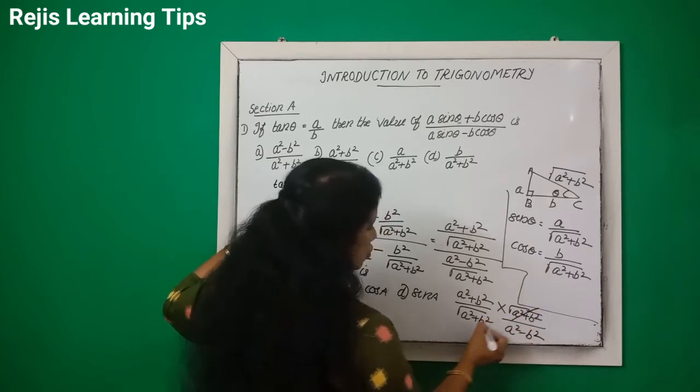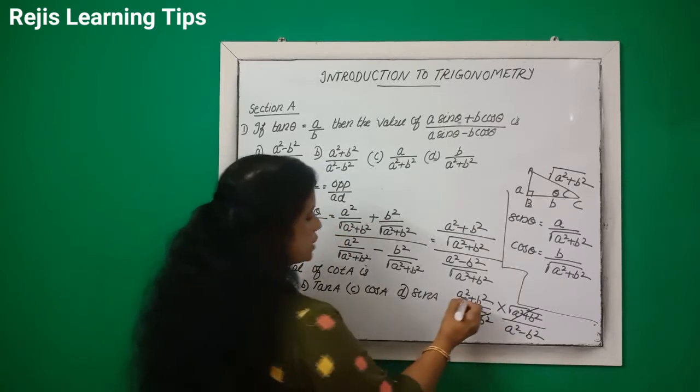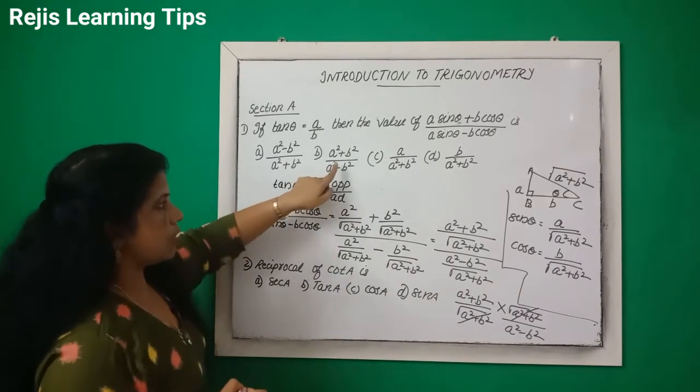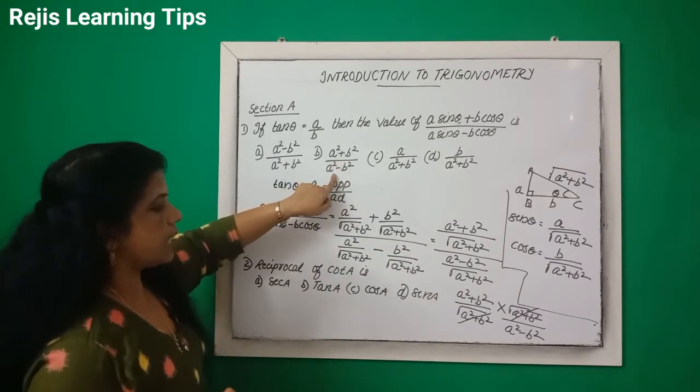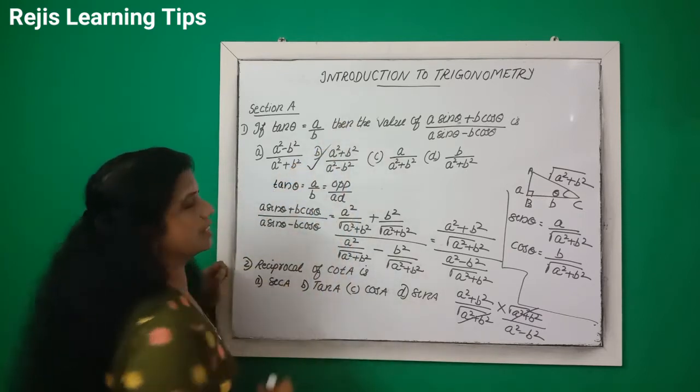We can cancel this root of A square plus B square and root of A square plus B square. So we will get A square plus B square divided by A square minus B square. So that is option B.